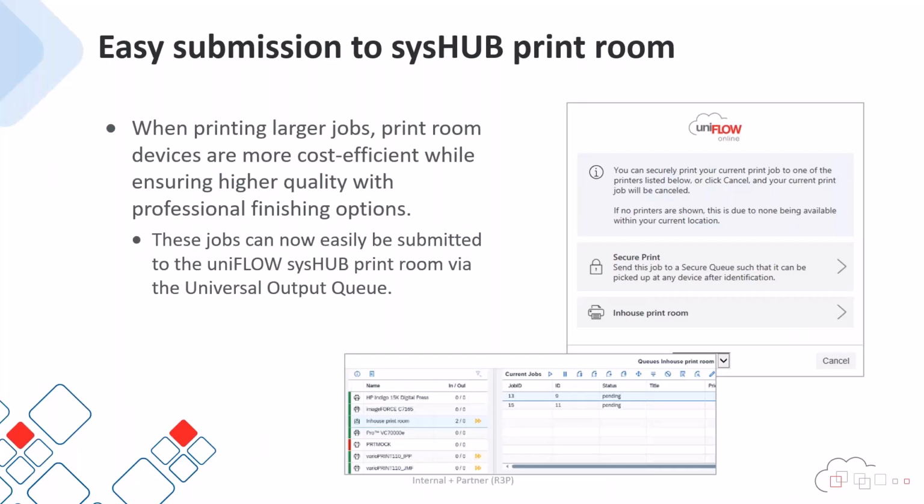It's greater cost efficiency, superior quality, and advanced finishing options. With this latest release, submitting these jobs to uniFLOW sysHUB print rooms is now effortless. Users simply apply the finishing options through the universal driver and select the print room queue from the universal output queue pop-up. That's all it takes.